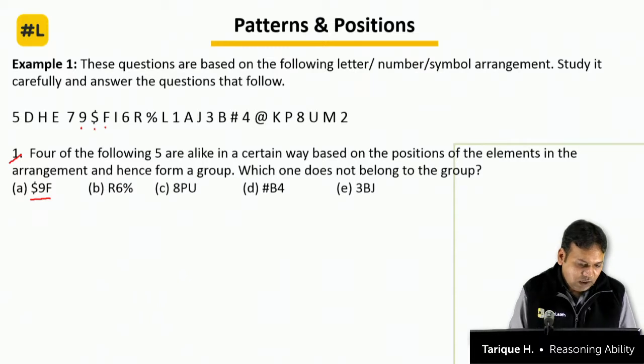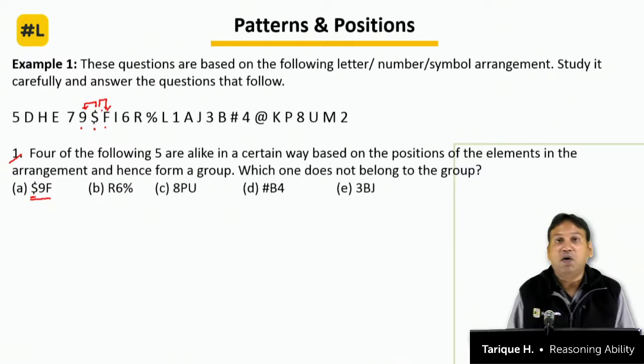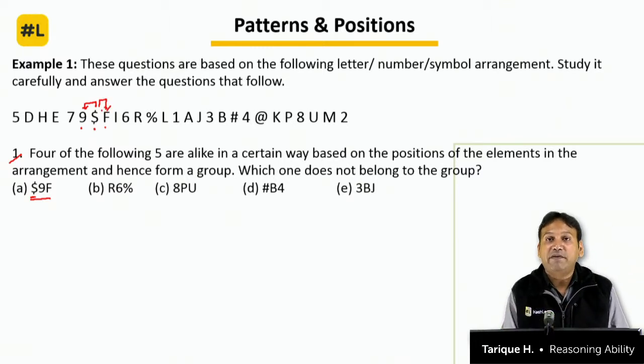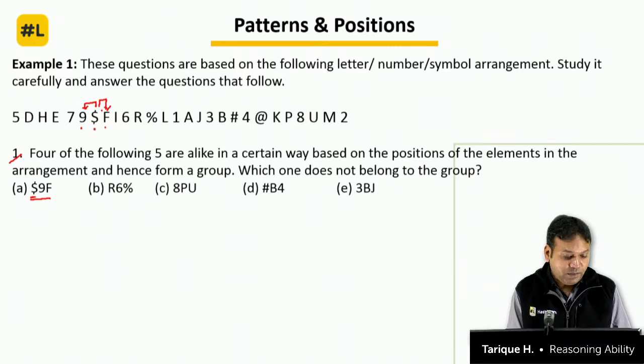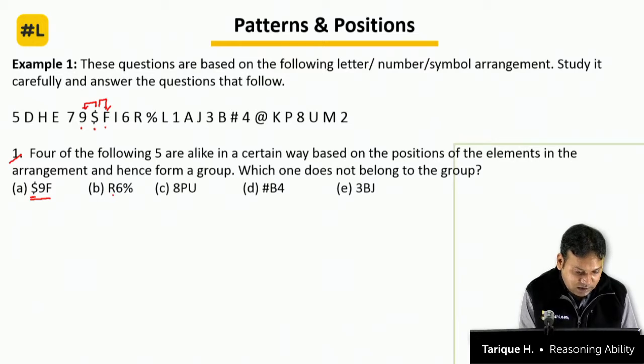So how are these things related? Dollar is the element that comes first here, N is before and F is after. That is the sequence we get: dollar, one previous to dollar is N, and one forward from dollar we get F. Next look at this sequence R 6 %. This also has a very similar structure.